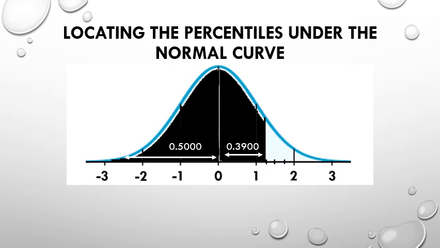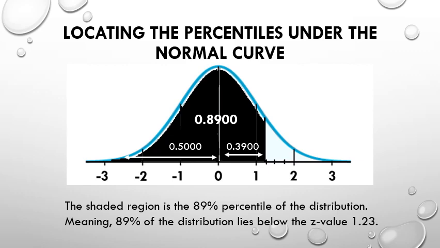So ang total, that is equal to 0.89. So the shaded region is the 89th percentile of the distribution, meaning 89% of the distribution lies below the z value 1.23. So that is how to locate the percentile under the normal curve.